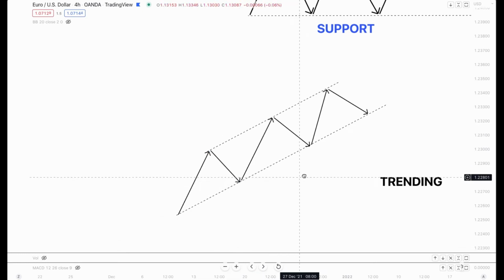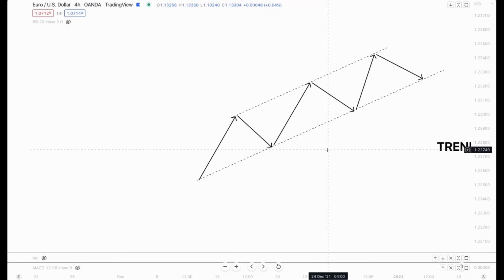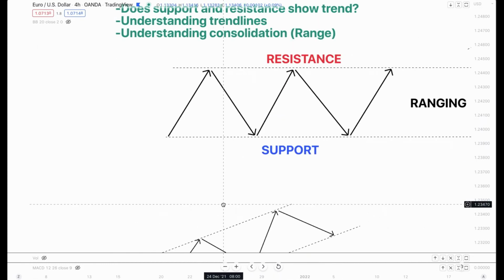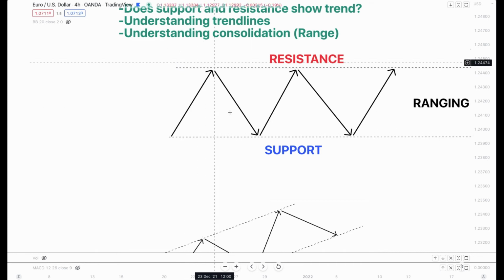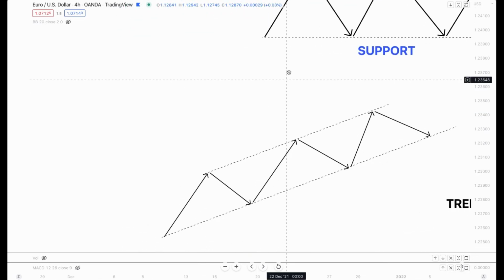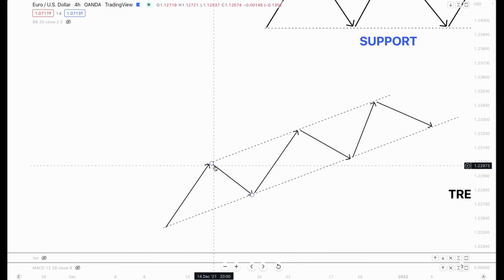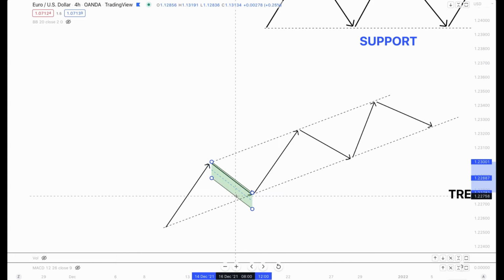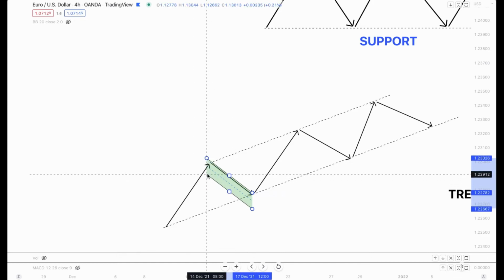Now, what's interesting is that a consolidation can either be flat like this. It can consolidate and range before carrying on its move upwards or downwards. But within a consolidation like this, we could get support and resistance zones as well. We could get a zone just like this that follows two trend lines where the candles are bouncing off of each other.